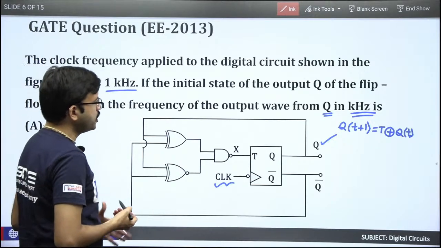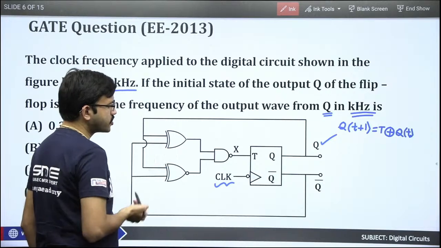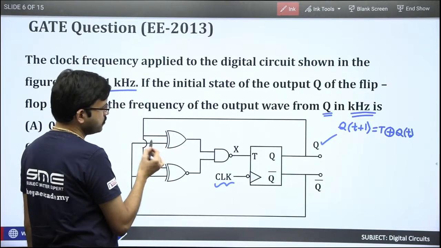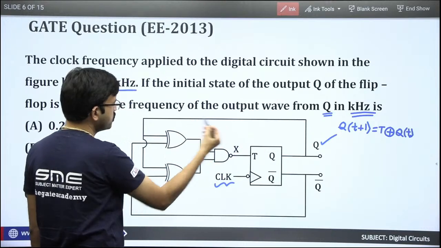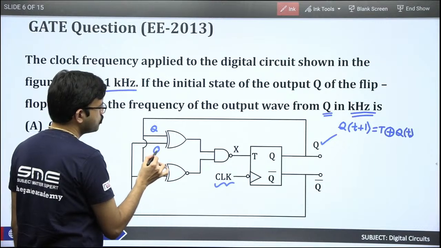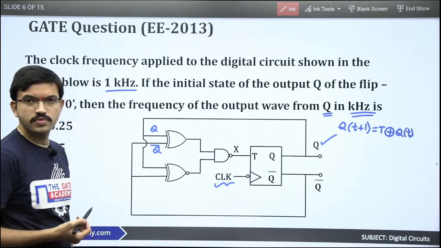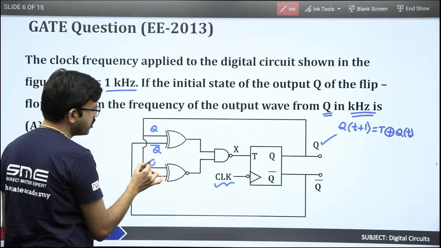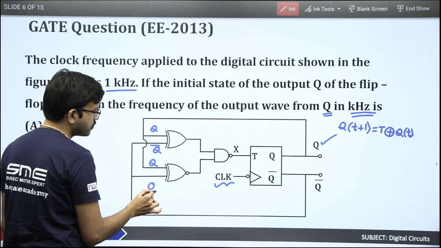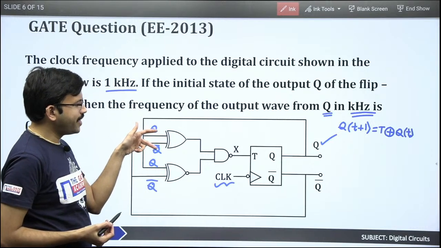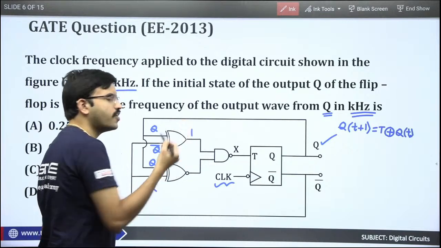If you carefully observe, you have an XOR gate and here an XNOR gate. For the XOR gate the inputs are Q and Q bar. Similarly for the XNOR also the same inputs are connected, Q and Q bar. When both inputs are complement to each other, the XOR gate will produce output as 1.